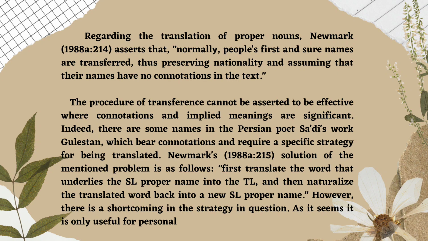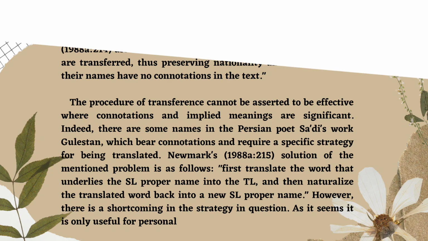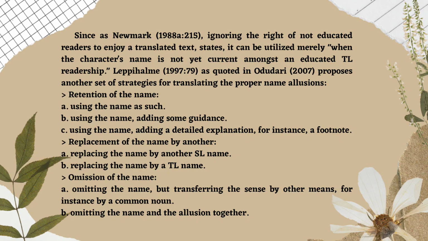However, there is a shortcoming in the strategy in question, as it seems it is only useful for personal names. As Newmark notes, ignoring the right of uneducated readers to enjoy a translated text, it can be utilized merely when the character's name is not yet current amongst an educated TL readership.